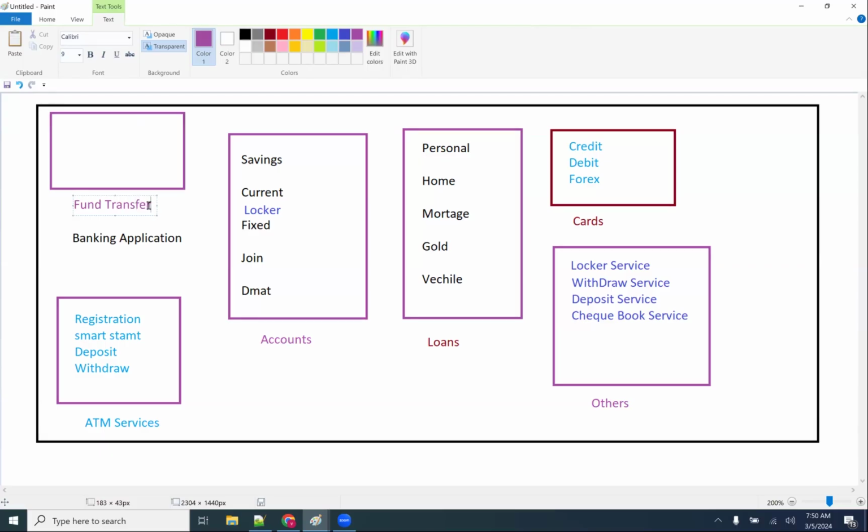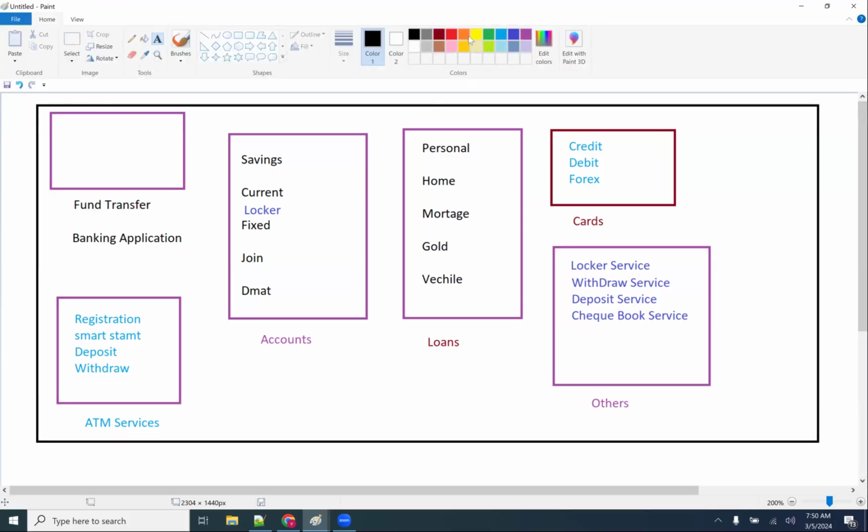I'm going to have fund transfer because it has a lot of capabilities. What are the individual things here?